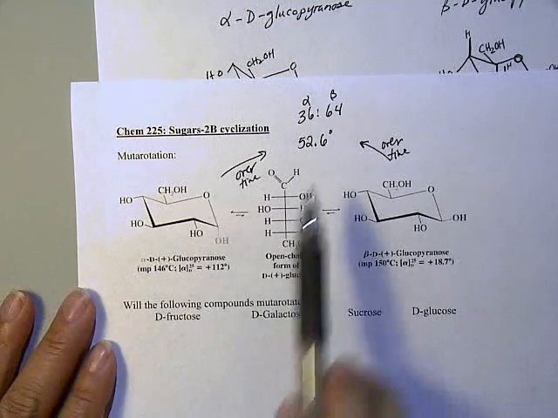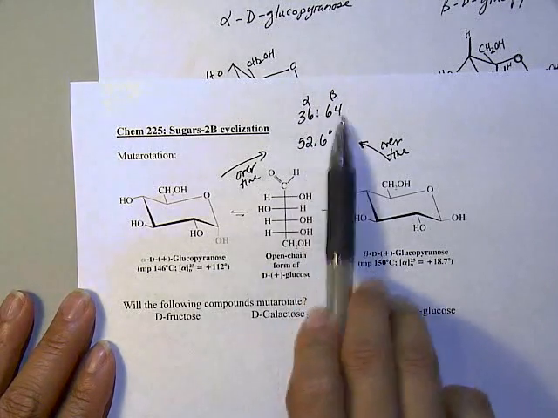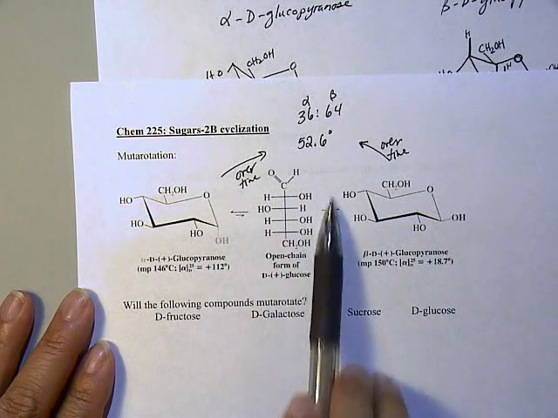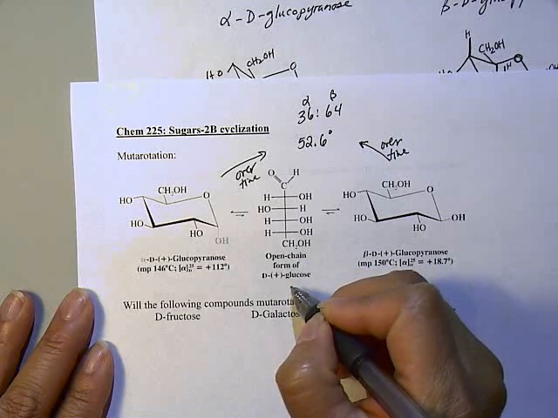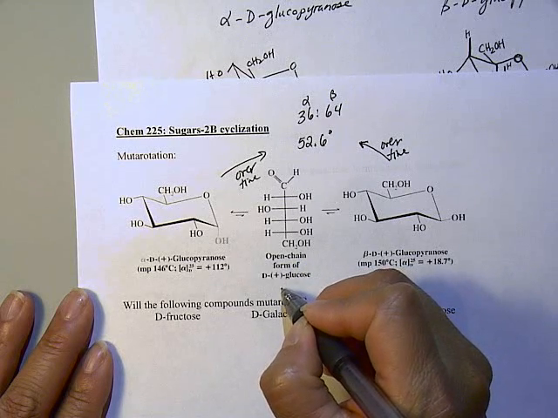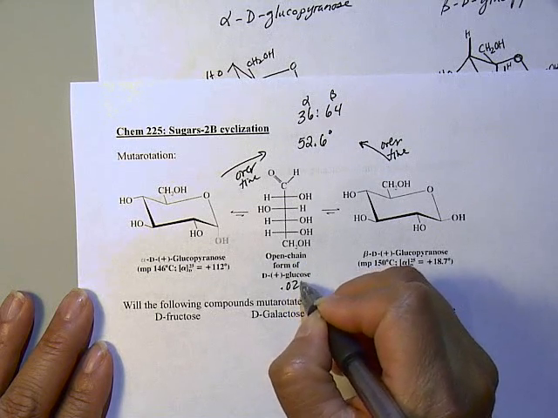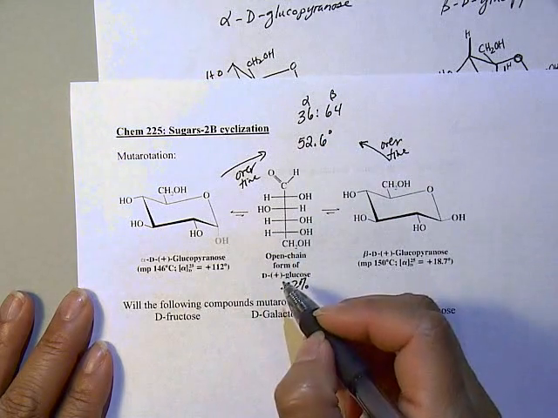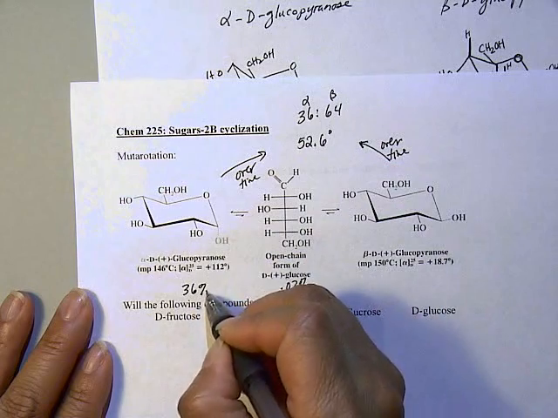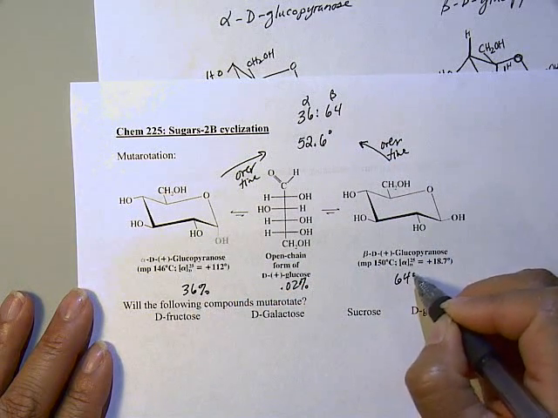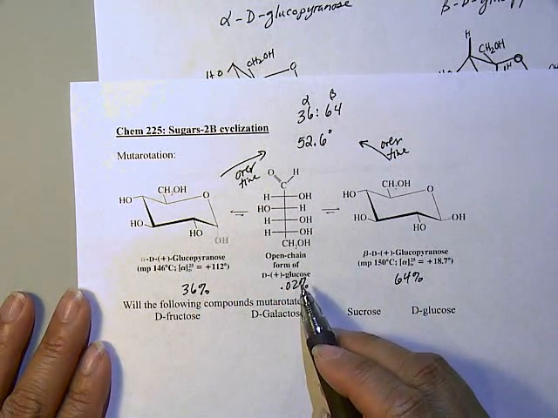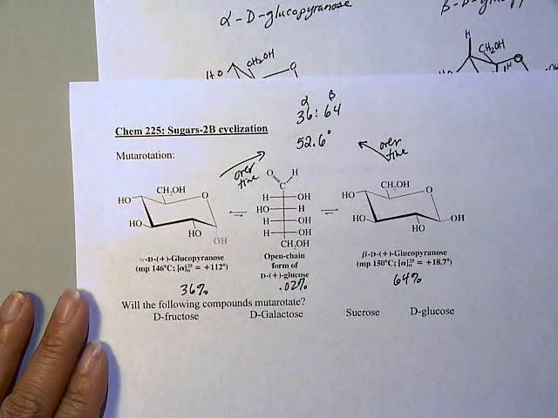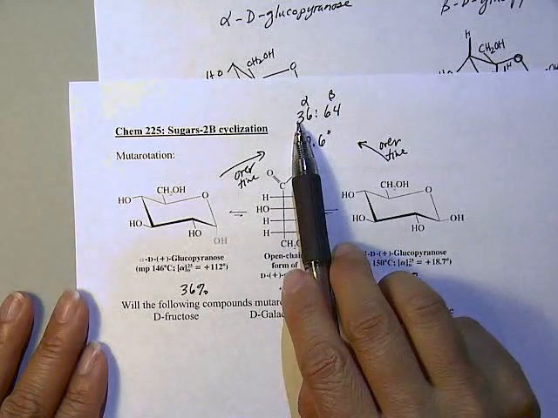So in other words, that optical rotation is reflecting this mixture no matter what you started with, and at any one time you have an open form of glucose, which is about 0.02%. All right, so after you equilibrate, you have about 36% of this, and then 64% of this, and a very, very minute amount of the open form, because it is continuously opening and closing, but it equilibrates to 64 to 36.